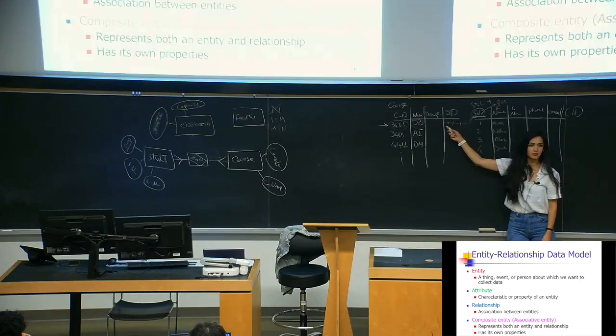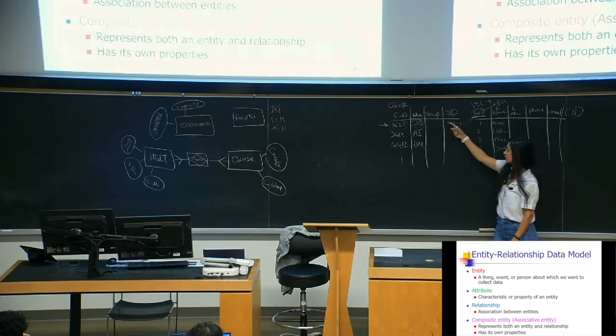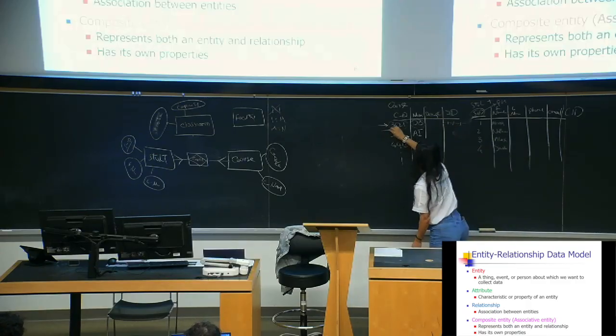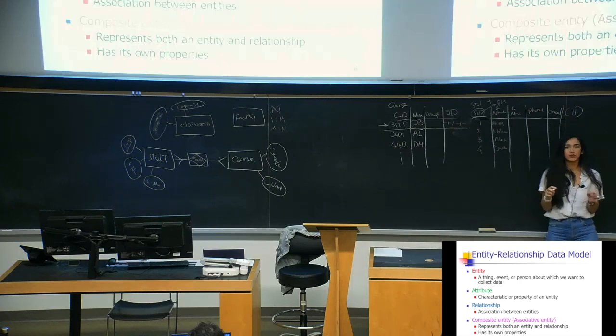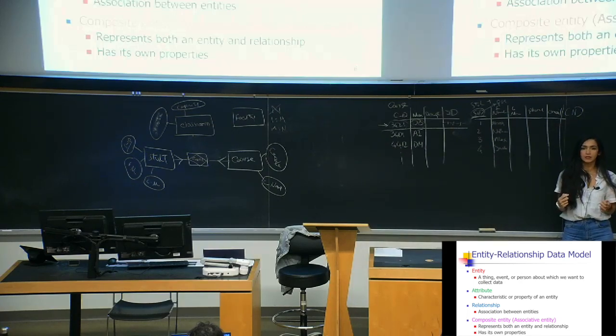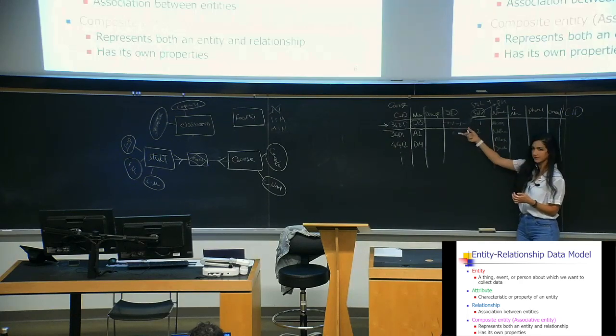It's not atomic, right? It stores multiple values in a cell. And later when you want to search for a specific student ID, you don't have that. Later when you learn how to query your database, you may understand this better.